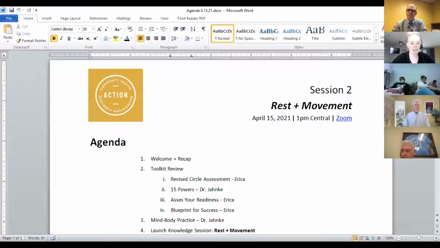So I did send you guys the revised circle. I'm going to share my screen so that you can see what I did and how I edited the circle. Here's the circle.